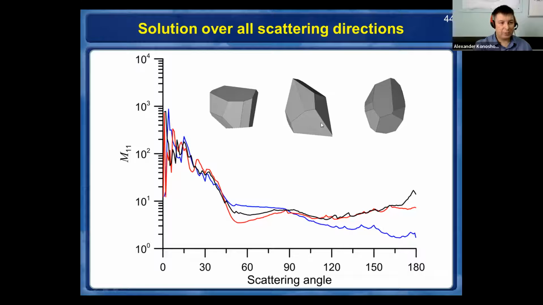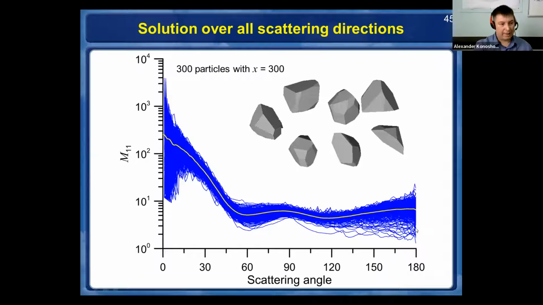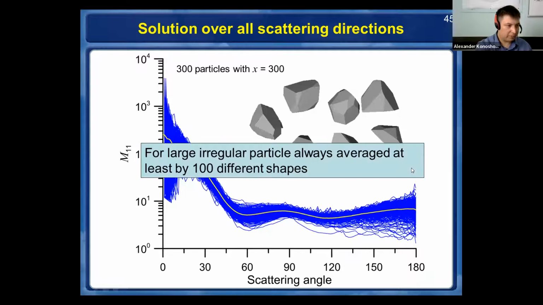But which one do you represent? We calculate 300 particles and then find the average solution. So this is the average, and it can represent the cloud of dust in light scattering. So you always have to use a large number of different particles to represent some shape.